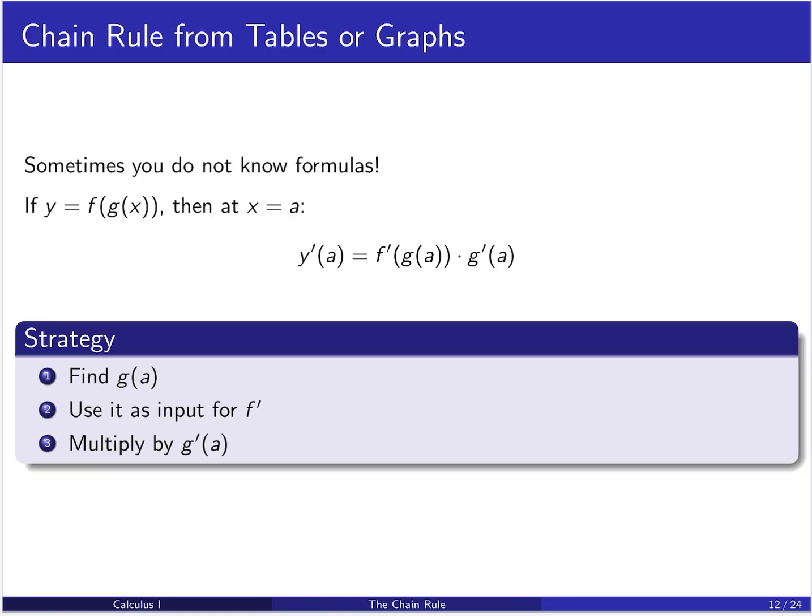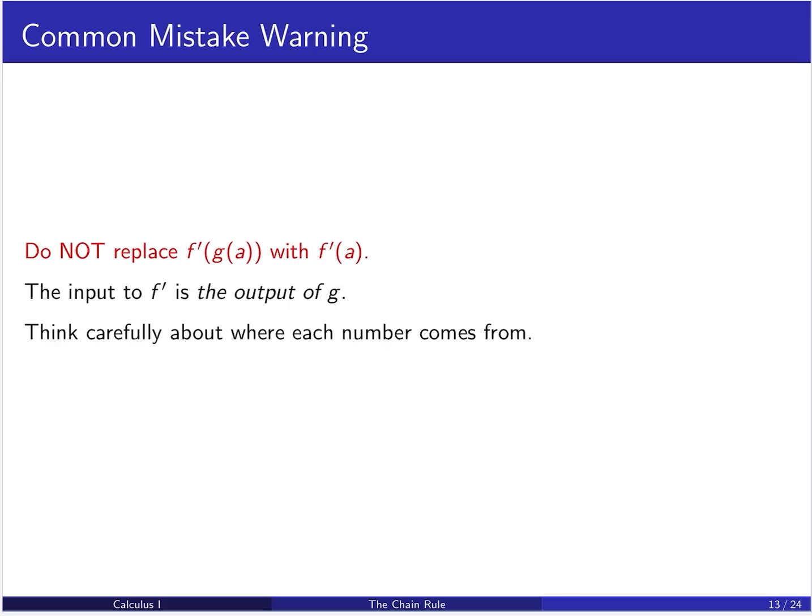So the input shifts, the input to f prime is g(a), not a. This might be the common mistake in table-based problems and exams. So you have to think carefully about where each number comes from.